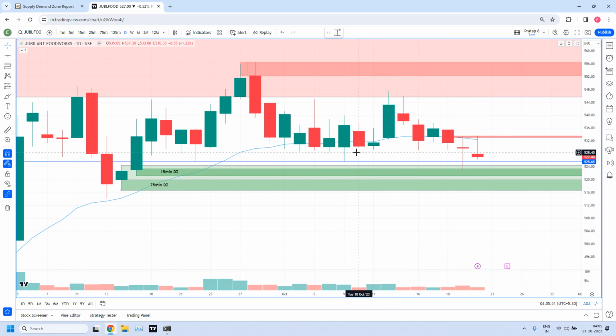But remember, an important point: you should use the entry buffer only if it is within your risk management level. If your risk management does not permit it, don't take the entry. Just imagine you had taken an entry yesterday here and the price went down and stopped you out.